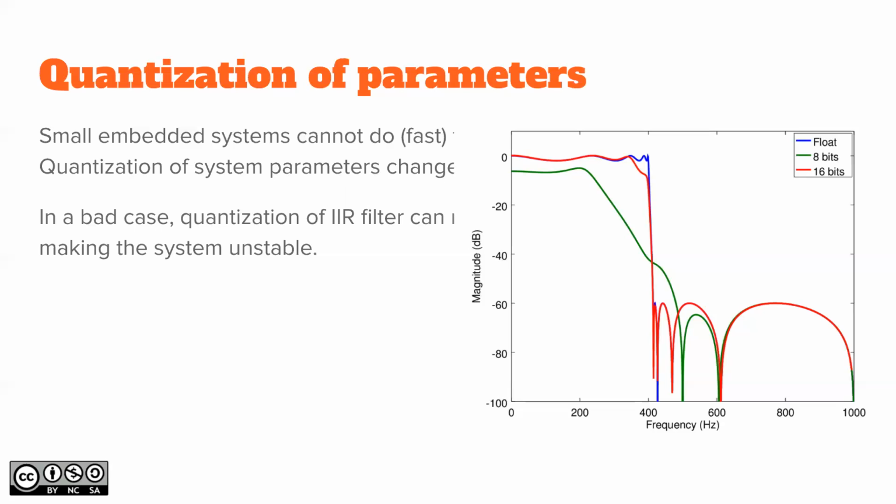To do the calculations on 8-bit integer values, we first scale the filter so that the numerator coefficients and denominator coefficients fit well in that 8-bit accuracy.